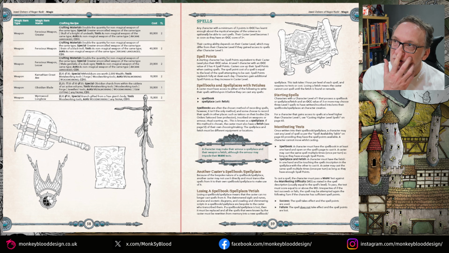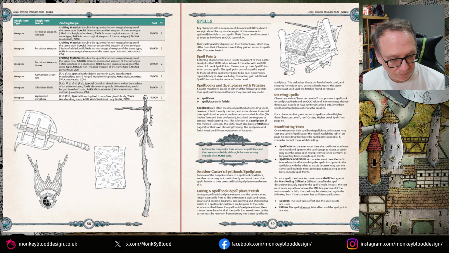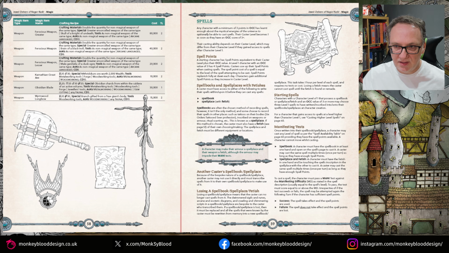So spellcasting, you either need a spell book to hold in your hand while you're casting, or you need to hold a fetish in your hand, some kind of object or item that is the thing that you use as a focus. And you need to be able to put your hand on wherever your spells are written.